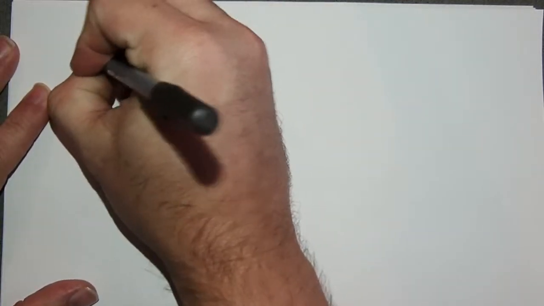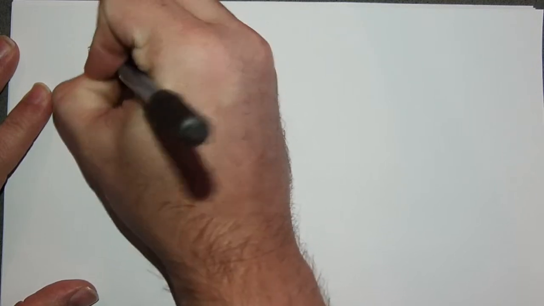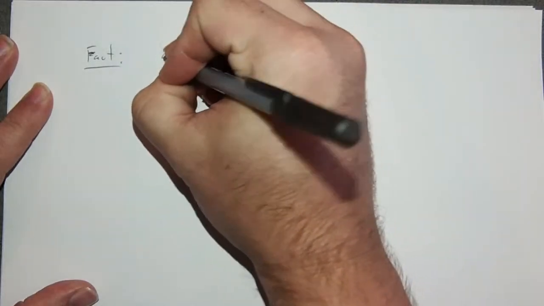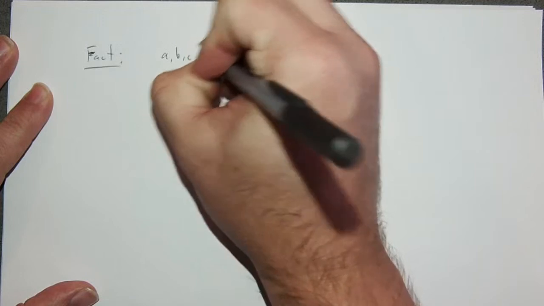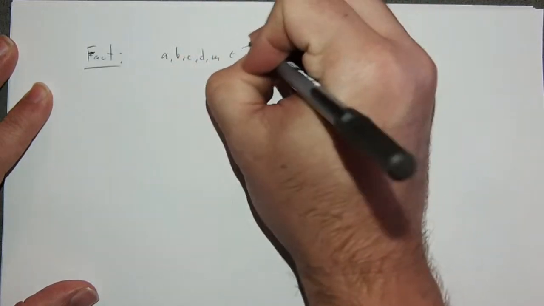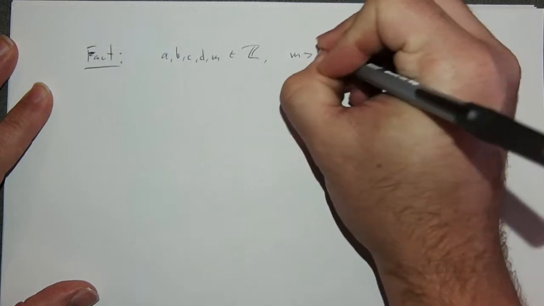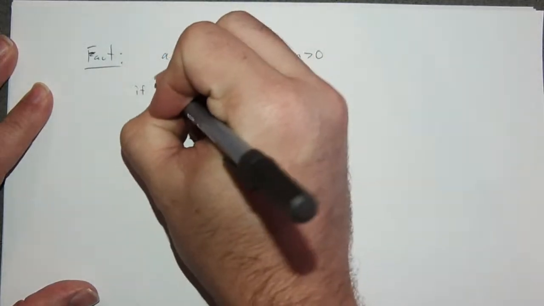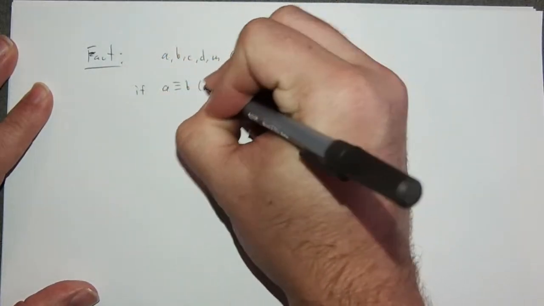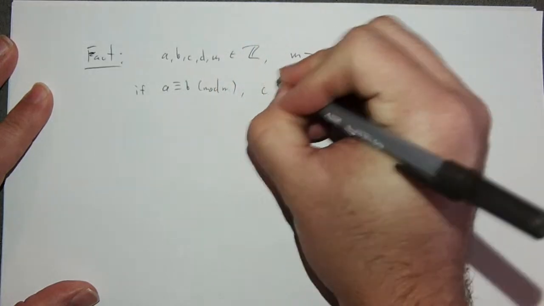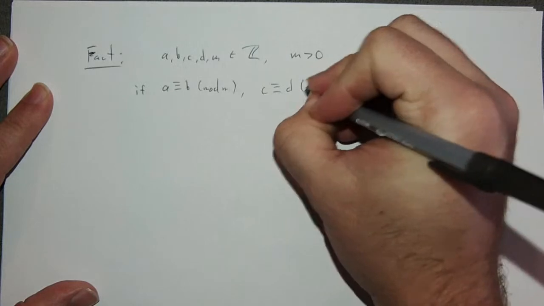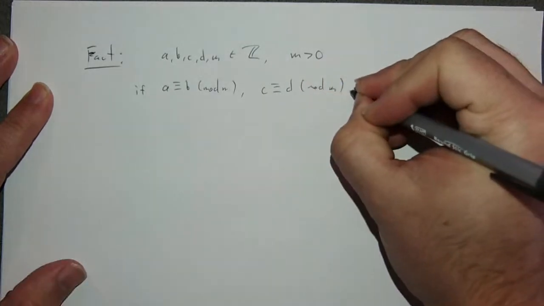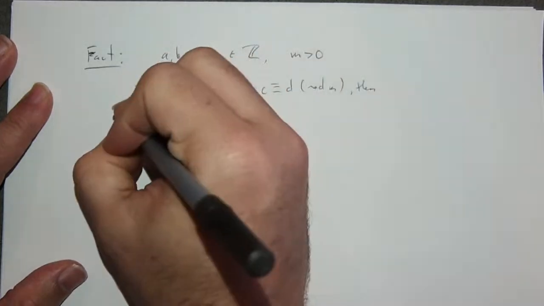So there was this fact, I should say, that if A, B, C, D, and M are integers, and M is positive, then if A is congruent to B mod M and C is congruent to D mod M, then you had a couple of things.